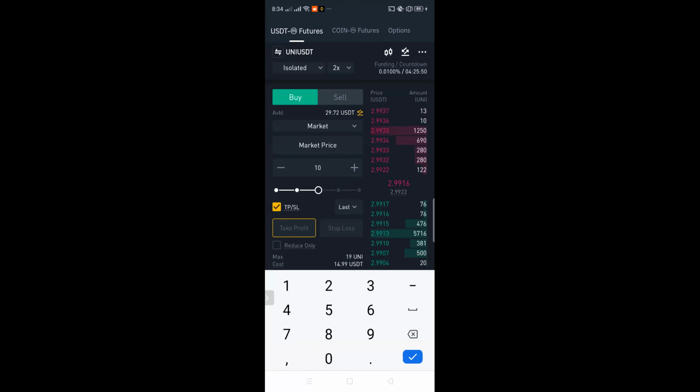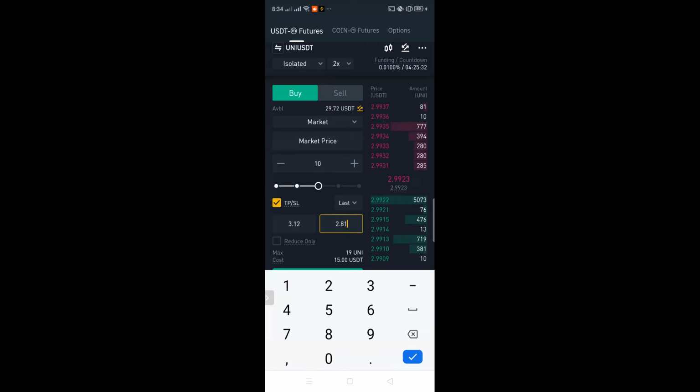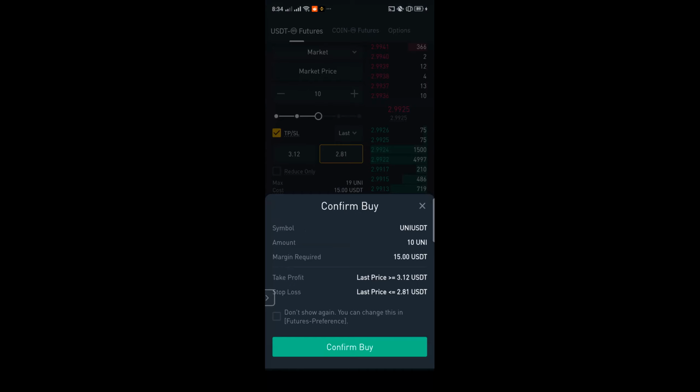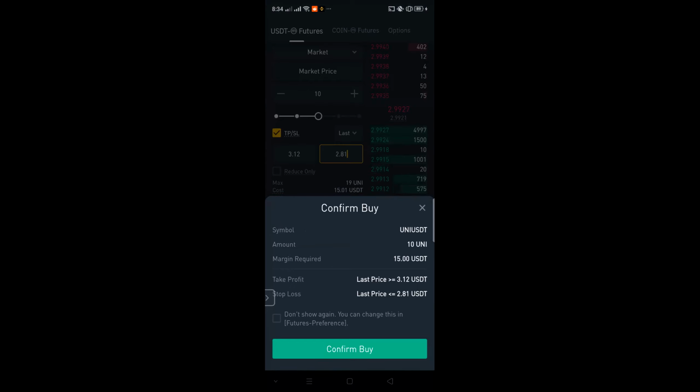Let's say our take profit now wants to sell at 3.12 and our stop loss at 2.81. Then you click on buy long. Then it gives us buy to confirm.